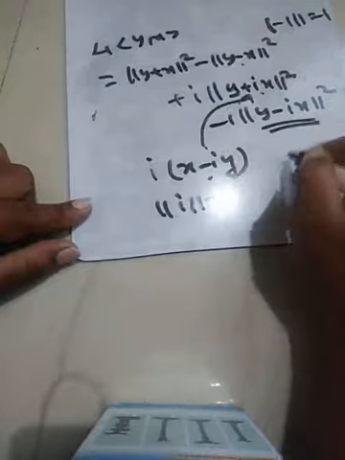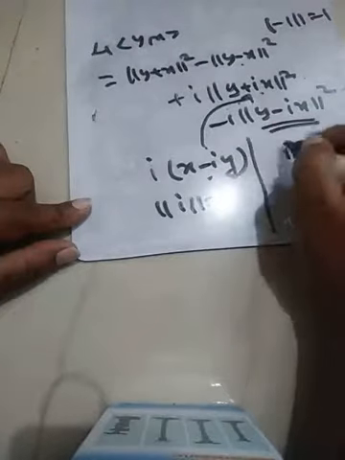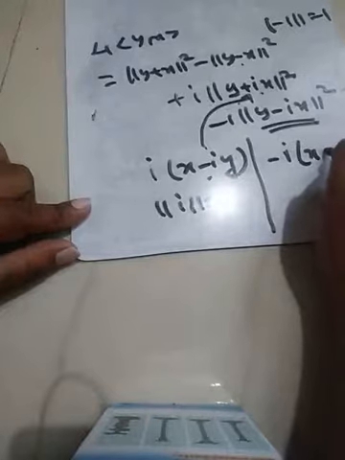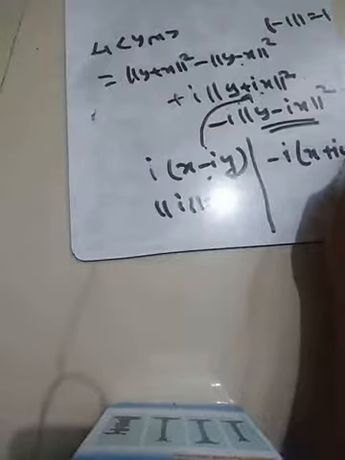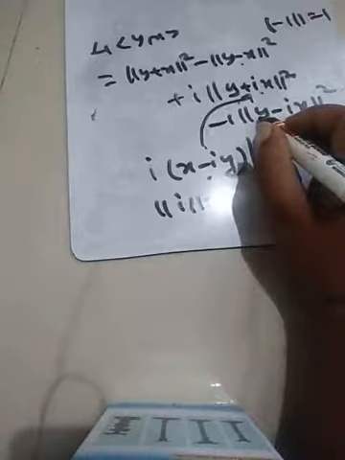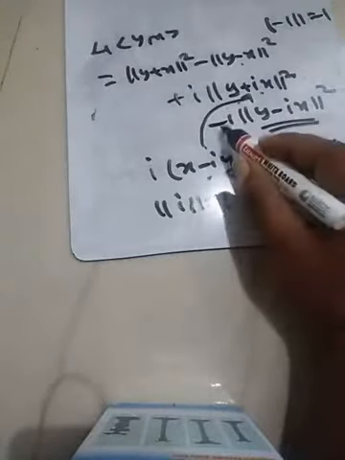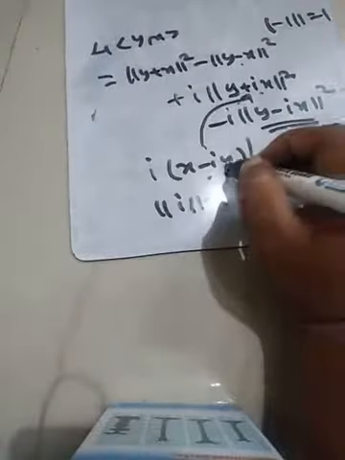If I take i common here, I get i or minus i common, so x minus, I should have plus, because i square is minus 1, minus minus 1 is y has plus sign. So this term, but you have x plus iy with a minus sign here, and x minus iy with a plus sign.